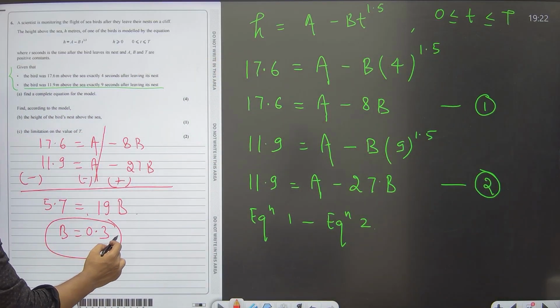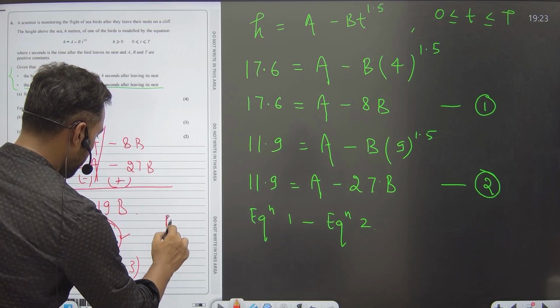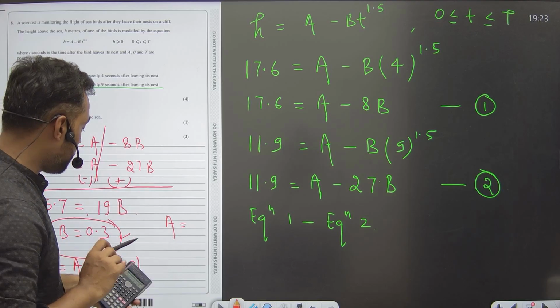So if we plug the value of B in equation number 1, you will get 17.6 is equal to A minus 8 into 0.3. From here you will get A equals to, this particular part will be transposed to the left hand side and it will be positive.